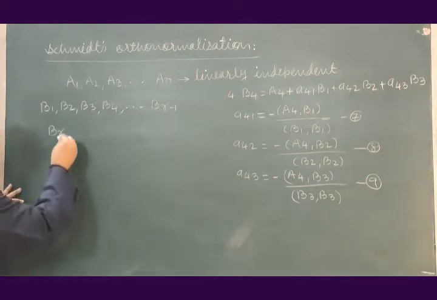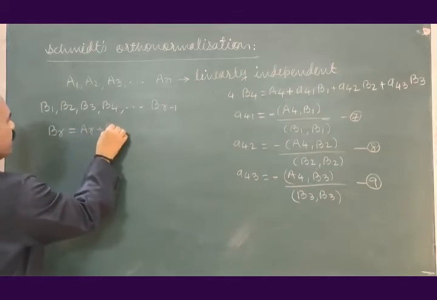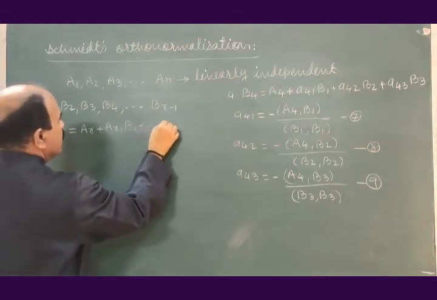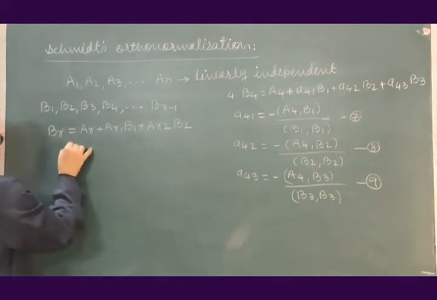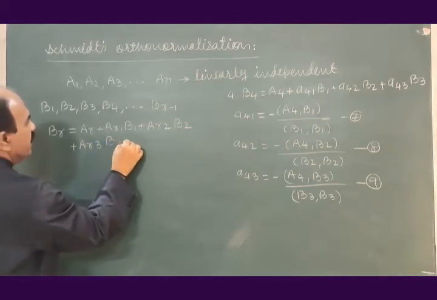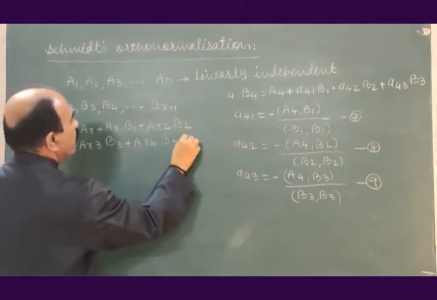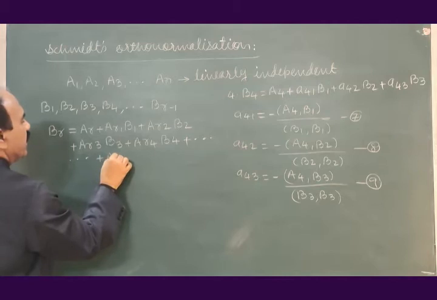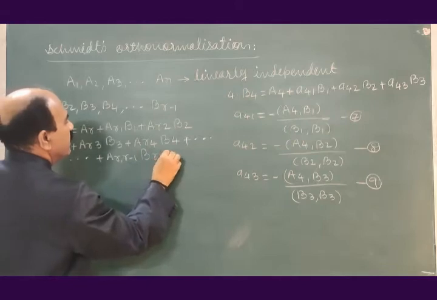How to get br? br will be equal to ar plus ar1 b1 plus ar2 b2 plus ar3 b3 plus ar4 b4 plus and so on, plus ar comma r minus 1 br minus 1.